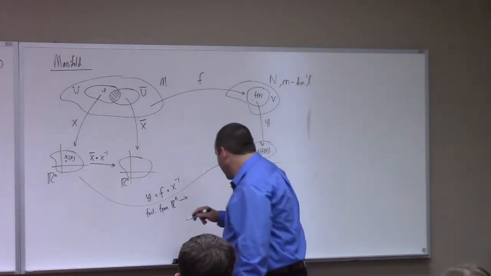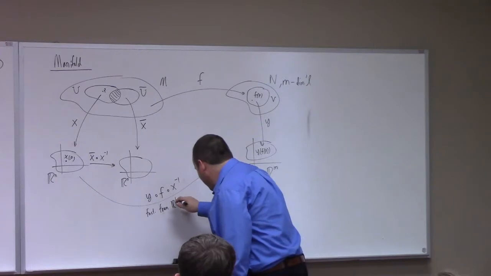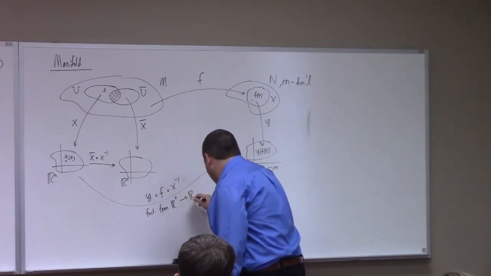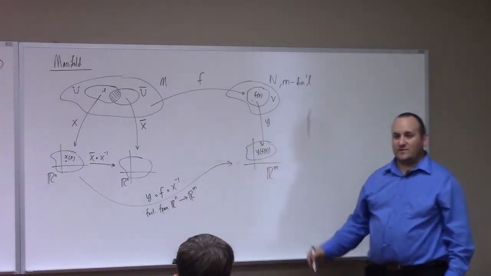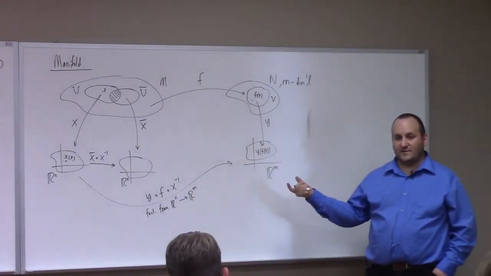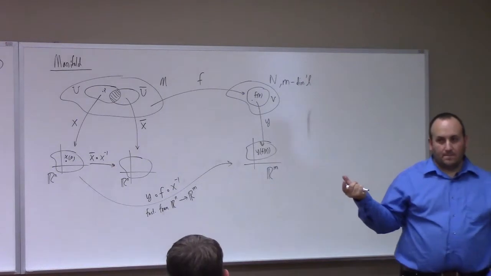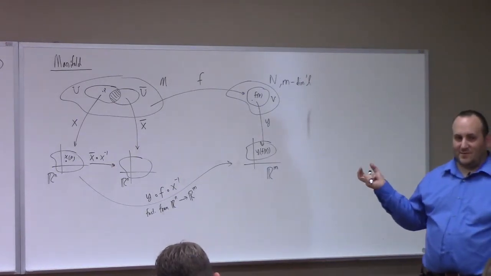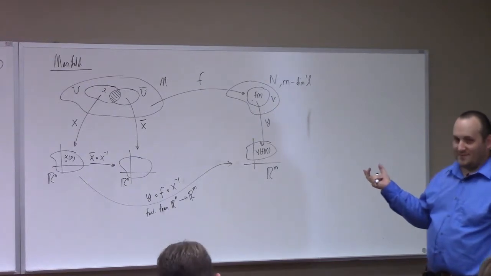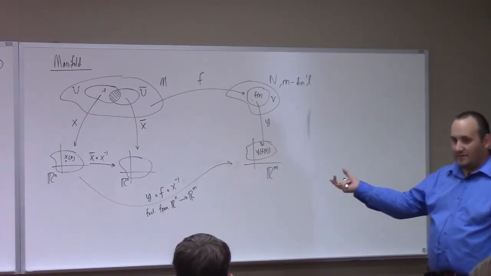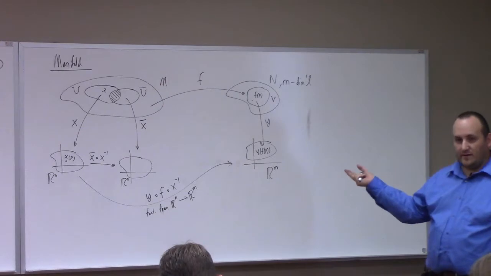Sorry, it already happened. So from Rn to Rm, that's awful, but it is what it is. It serves my larger point, which is that the local coordinate representative of f has to be a function from Rn to Rm.